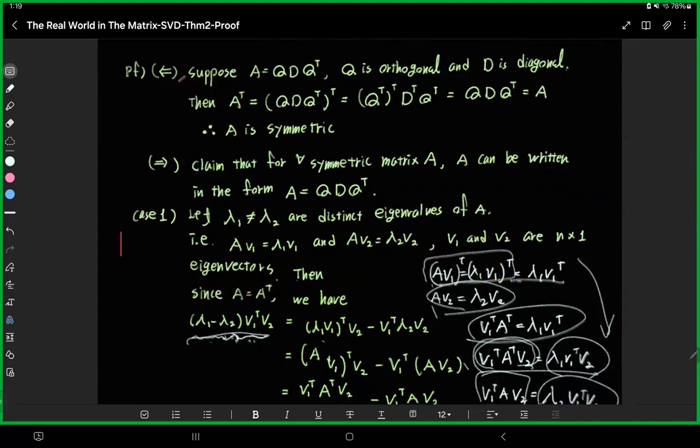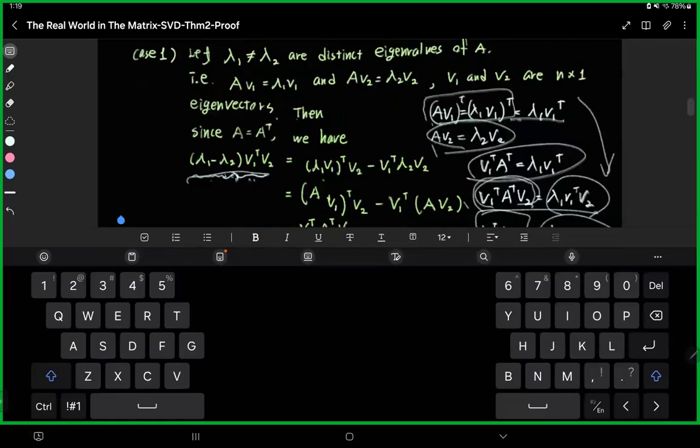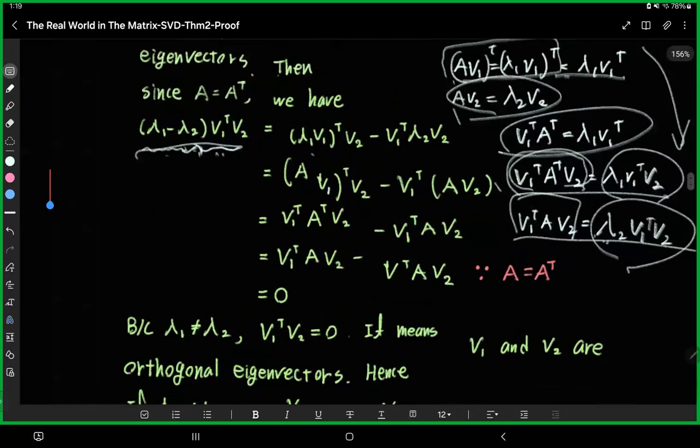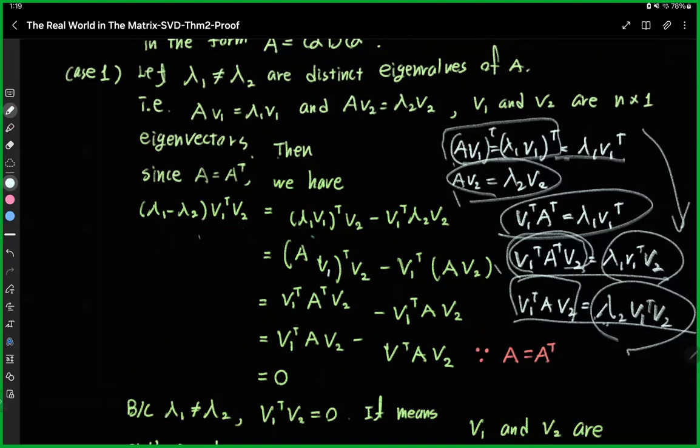Since we assume A is A transpose, lambda 1 minus lambda 2 times V1 transpose V2 is equal to this.